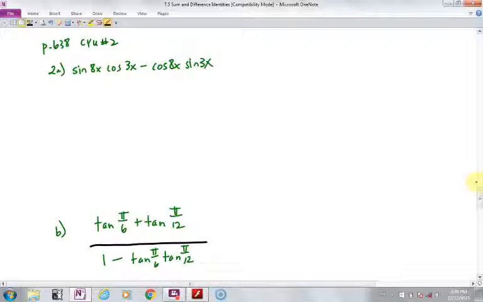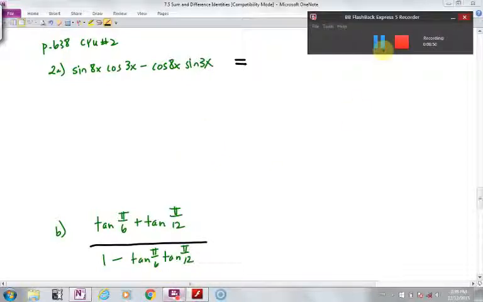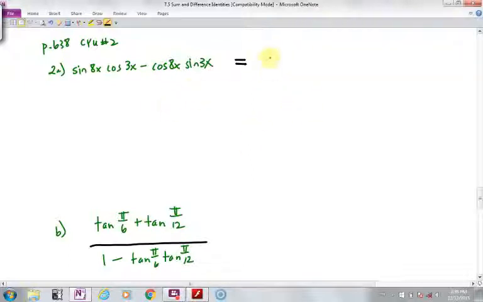So you look at your orange sheet and then you try to determine which identity this is equal to, or which one it's similar to at least. So look on your orange sheet and tell me which one this reminds you of. It looks like this one, right? The sine alpha minus beta. Does it not?